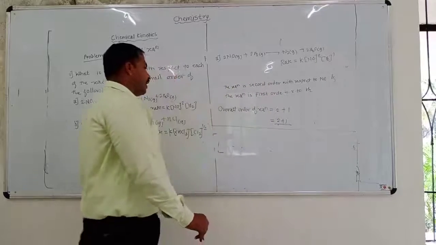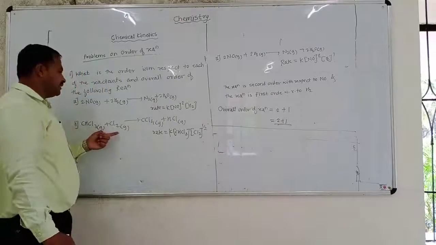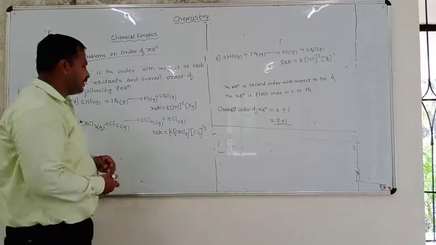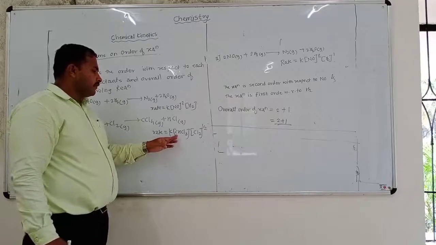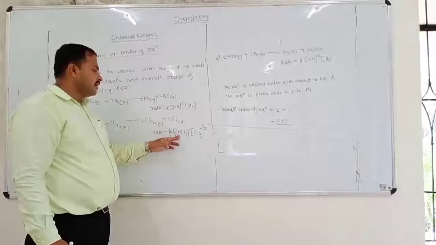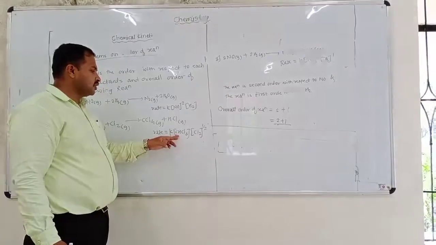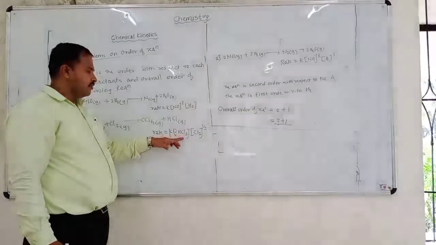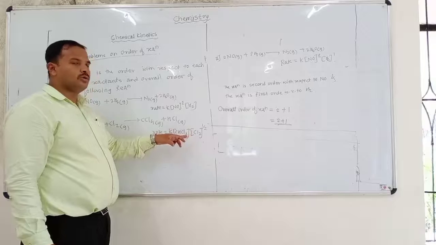Let's take the next example, CHCl3. It is a first order. This reaction is first order with respect to chloroform and half order with respect to chlorine.